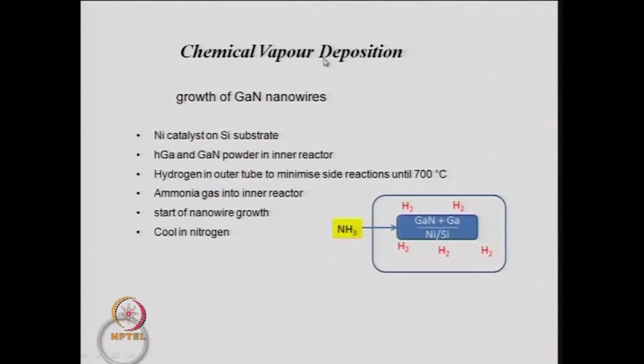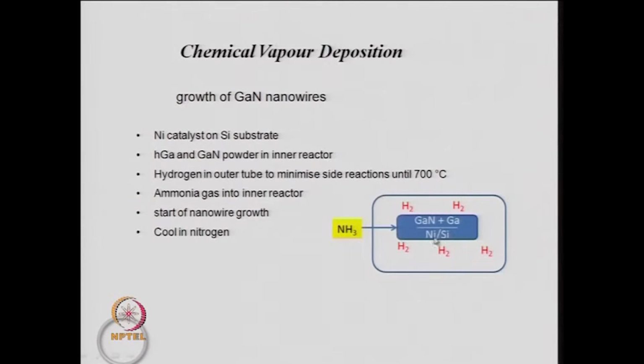The other technique which is of importance was chemical vapor deposition, and here, for example, I have shown you the growth of gallium nitride nanowires, a very important material, where you have a nickel catalyst on a silicon substrate, and a mixture of gallium and gallium nitride powder in the inner reactor.